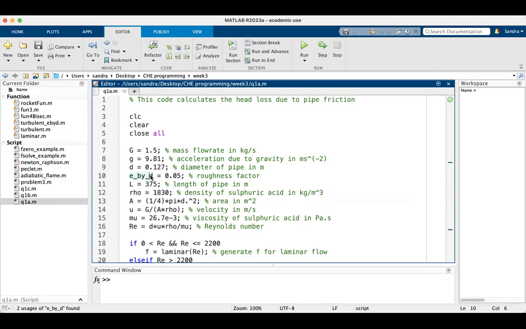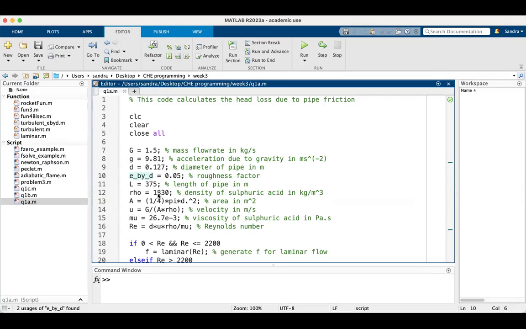And the E by D ratio, imagine it is given to you in the question. Here it was not found, so you'll have to find it from literature. For time being, we'll fix E by D ratio to be equal to 0.05, which is the roughness factor. The effective length of the pipe is 375 meters. And rho, the density of 98% sulfuric acid from literature, can be taken as 1830 kilogram per meter cube. Just make sure that everything right now we have converted into SI units.